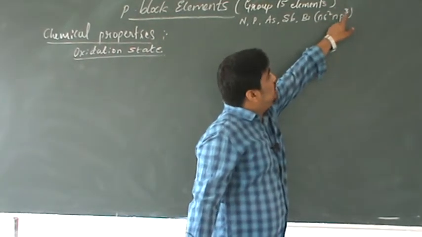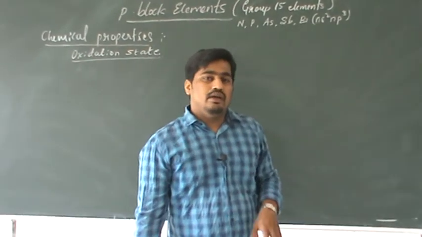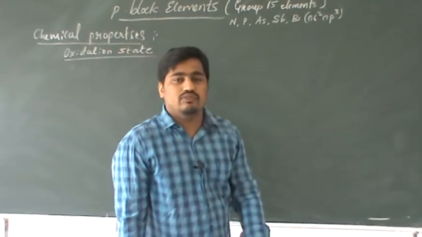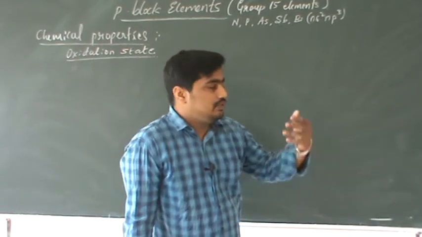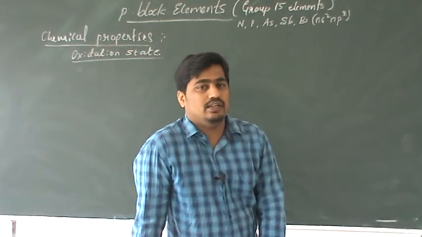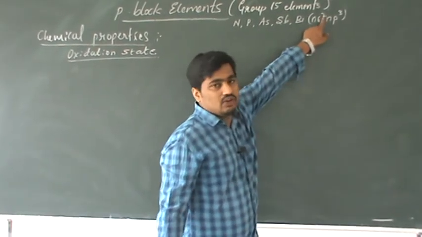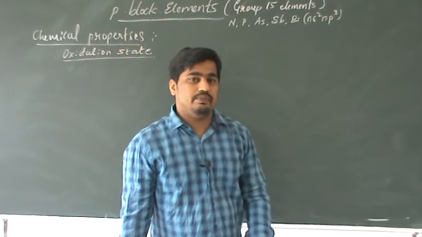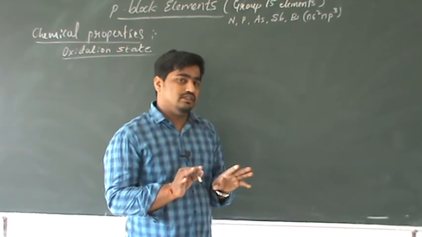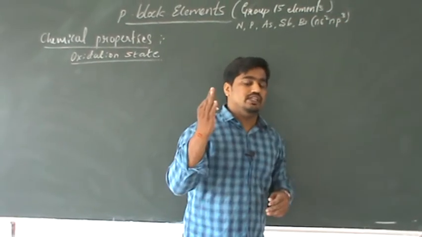Next, there is a possibility of removal of only the 3 electrons present in the p orbital, because the 2 electrons are present on the inner side of the p. Because of that, it shows the inert pair effect: the pair of electrons present in the s orbital gets stabilized because of the fully filled s. Because of that, there is a possibility of removal of 3 electrons.